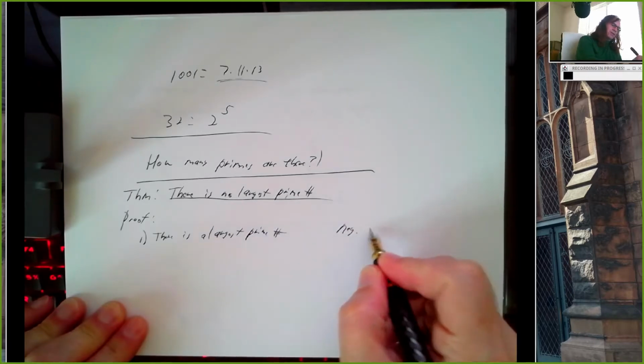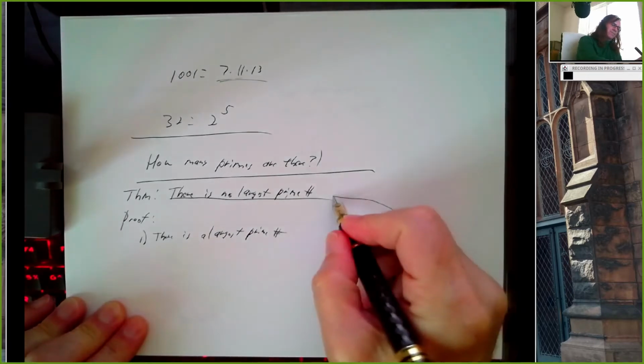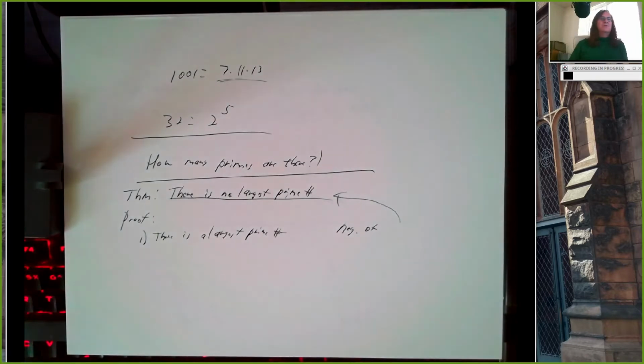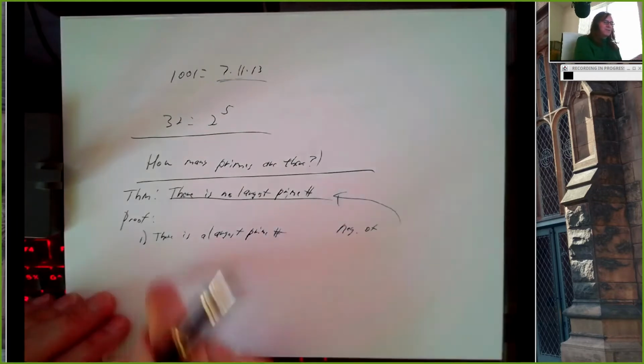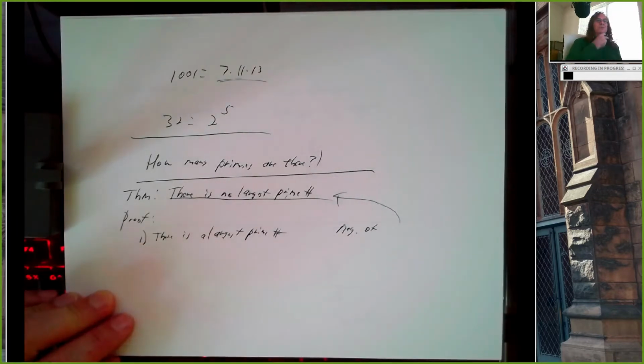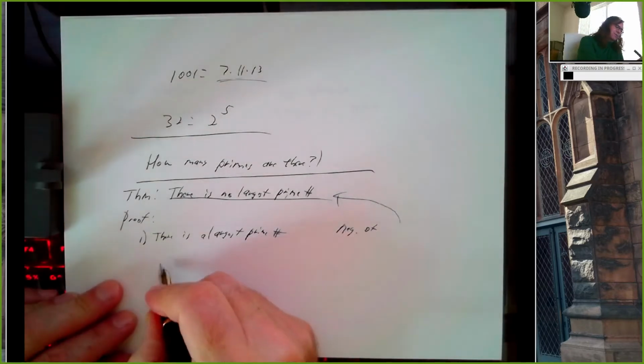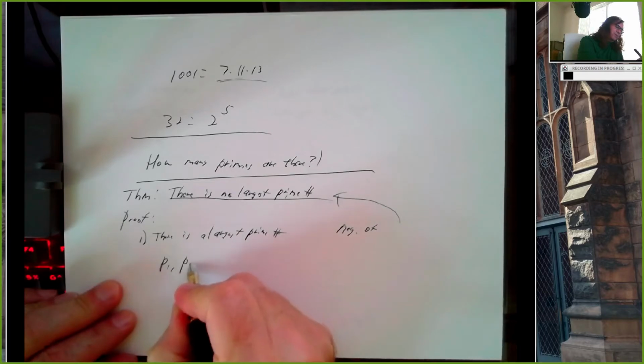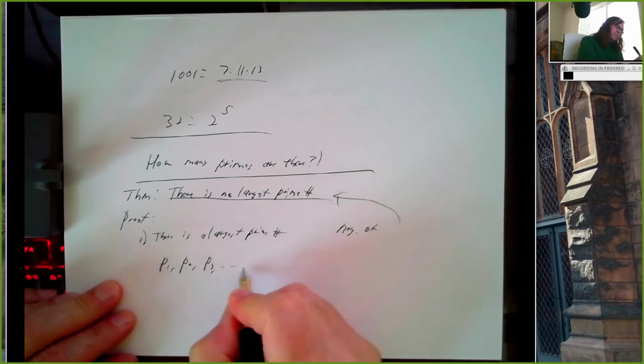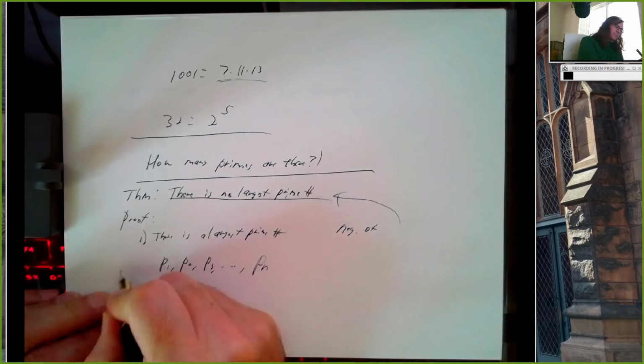And that's the negation of this thing that we're ultimately trying to prove is true. I'm not going to make this terribly formal. I just want you to see the idea of how this works and how the indirect approach works so easily. So if we suppose there is a largest prime number, well, that means there's a finite number of primes. And let's call these primes P1, P2, P3, all the way up to Pn.